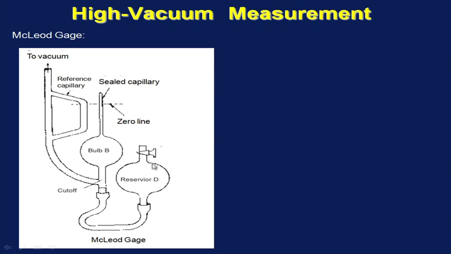We continue to raise the reservoir until the mercury level in the reference capillary meets the 0 on the scale, and then from the knowledge of this length, we can measure the pressure from the knowledge of the dimensions of this McClure gauge.